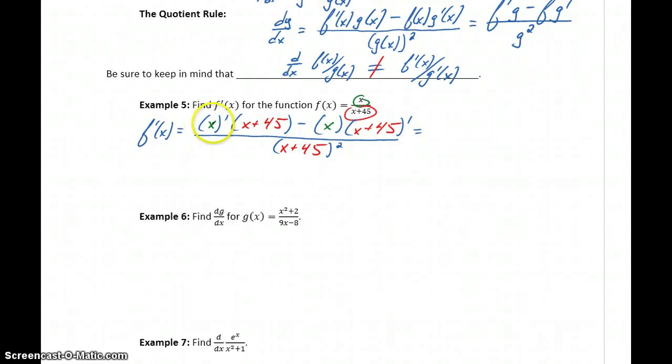So differentiating here, the derivative of x will give us 1, so we get x plus 45 minus x times 1, so just minus x, over x plus 45 squared.